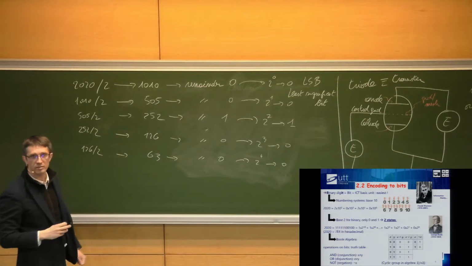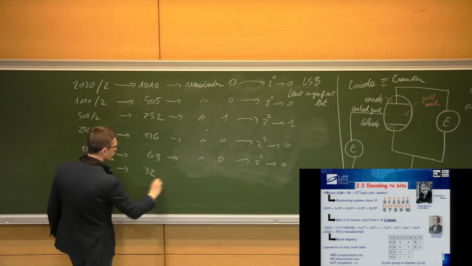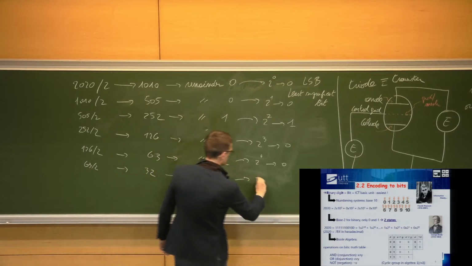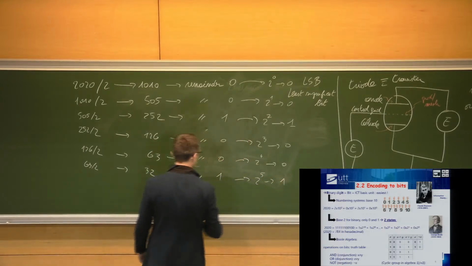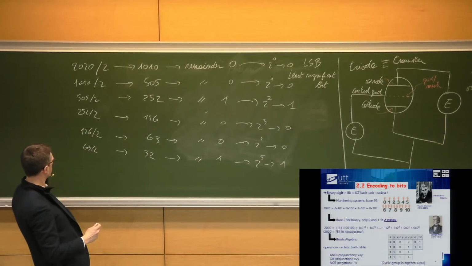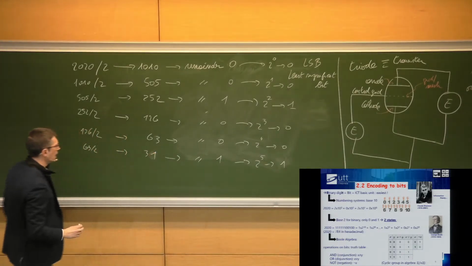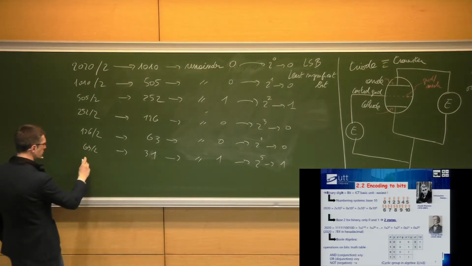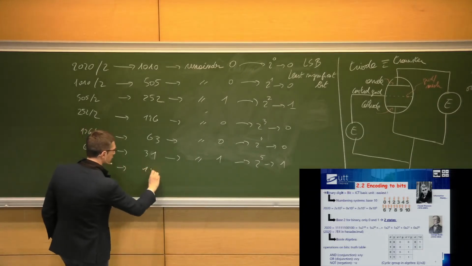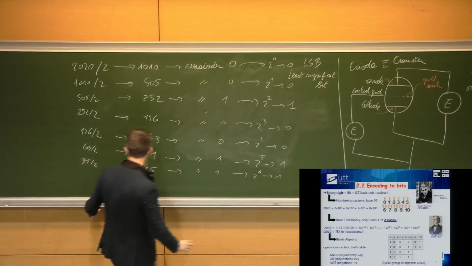Then 63 will have a remainder this time, so 63 divided by 2 gives us, sorry, 31, with the remainder of 1, so 2 to the power of 5 will be 1. 31 divided by 2 will give us 15 with the remainder 1. 2 to the 6 gives us 1.